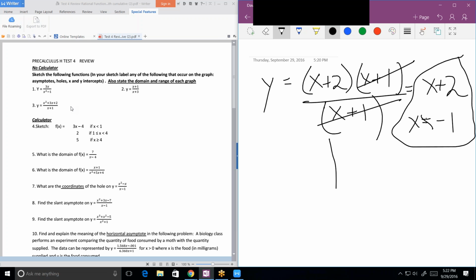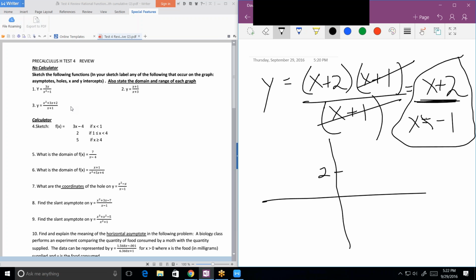So how do I graph this? Well, it's a straight linear function, x plus 2. How do you graph y equals x plus 2? Start with the y-intercept at 2, because that's what that 2 is, b.